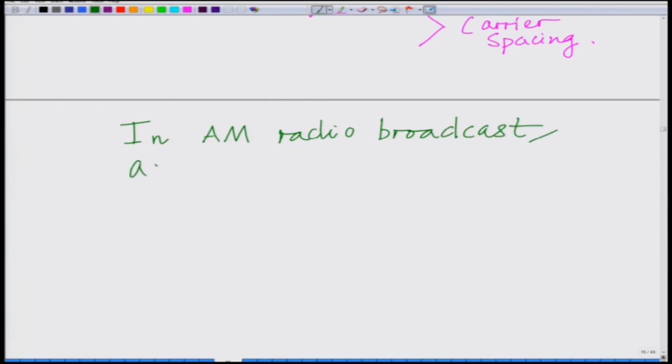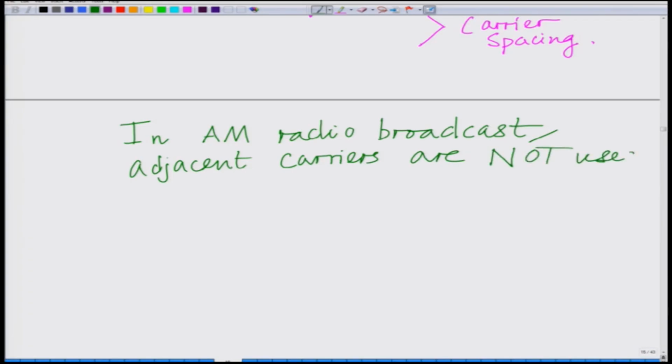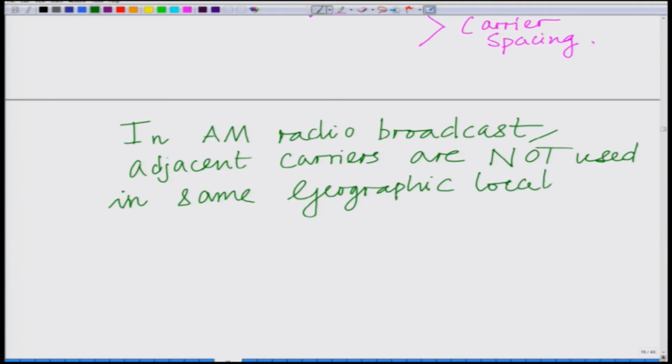In AM radio broadcast, adjacent subcarriers are not used in the same geographic location. These have to be widely separated.